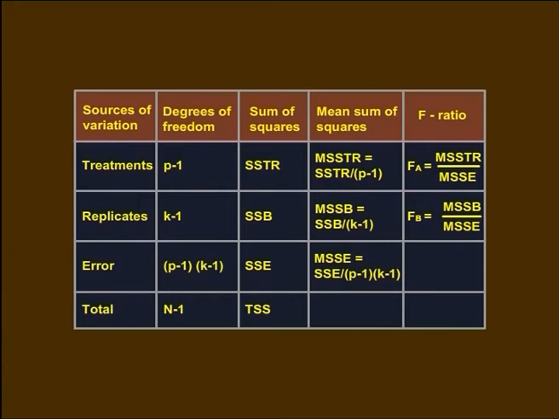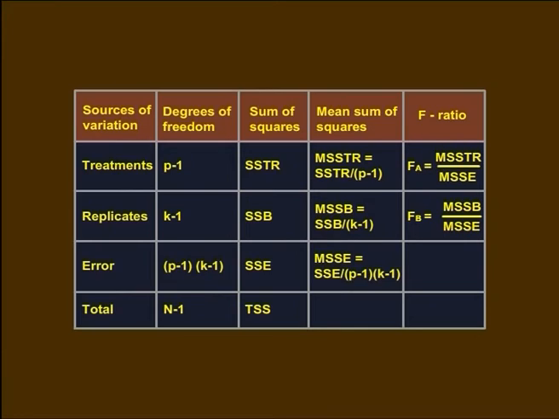In the next column, write the mean sum of squares, that is, the sums of squares divided by the corresponding degrees of freedom. So, mean treatment sum of squares is SSTR by p minus 1, mean block sum of squares is block sum of squares divided by its degrees of freedom, and mean error sum of squares is the sum of squares due to error divided by its degrees of freedom.